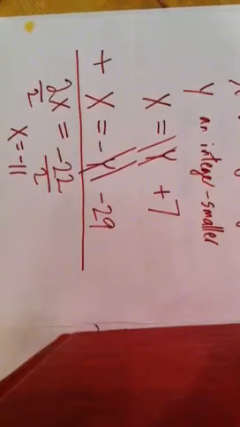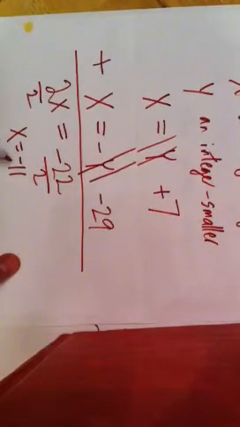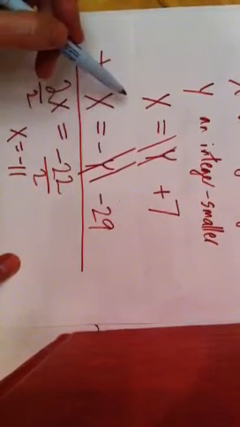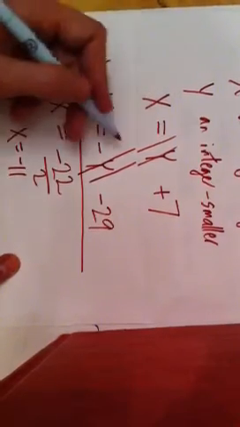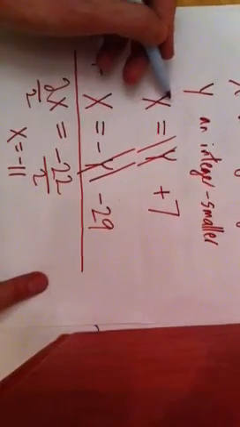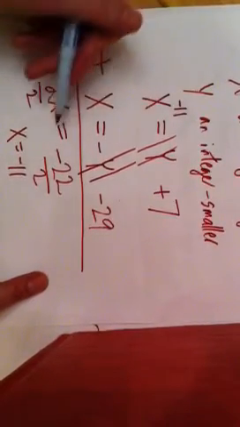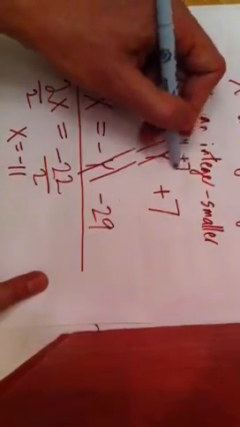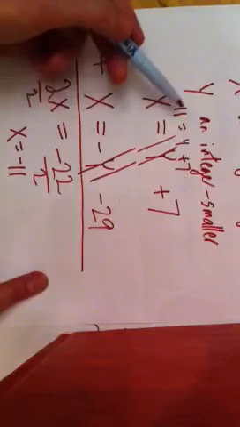And then all we've got to do from there is to substitute the negative 11 into the x. Either one is fine. If you want to go ahead and pick this top one, you'll see that negative 11, and we can maybe put this up here just to make it easier. Negative 11, which is the x, equals y plus 7. And then there's probably some of you that can see this right away.